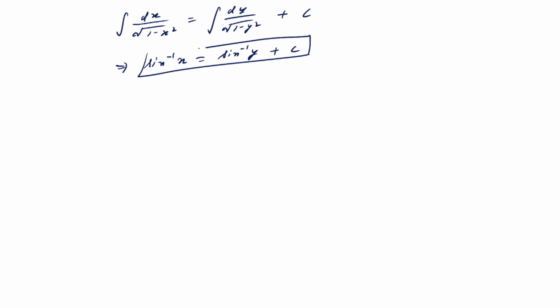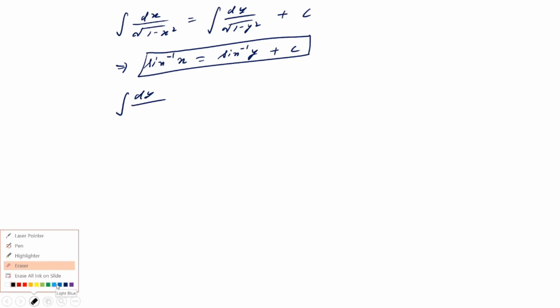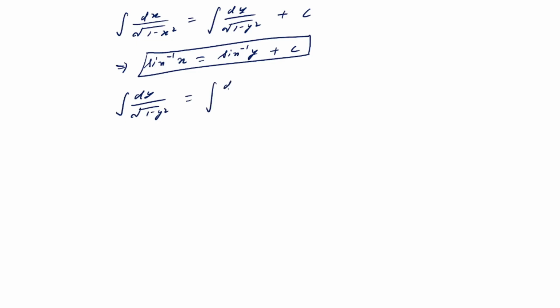And always remember one thing, try to keep the y variable on the left hand side. So another answer, if you write it like that: integration of dy upon under root 1 minus y square is equal to integration of dx upon under root 1 minus x square plus constant c.